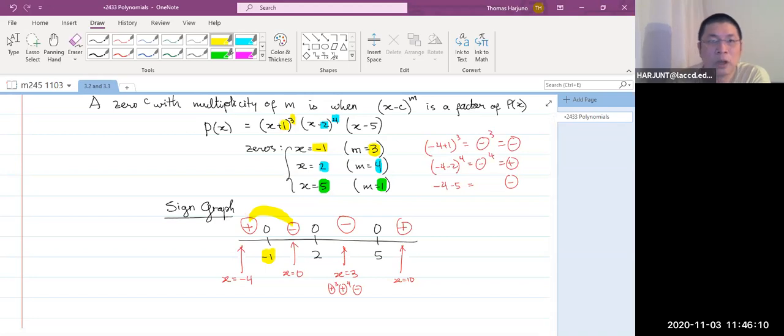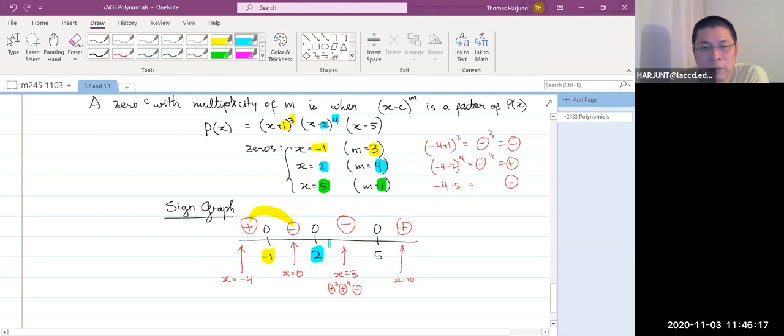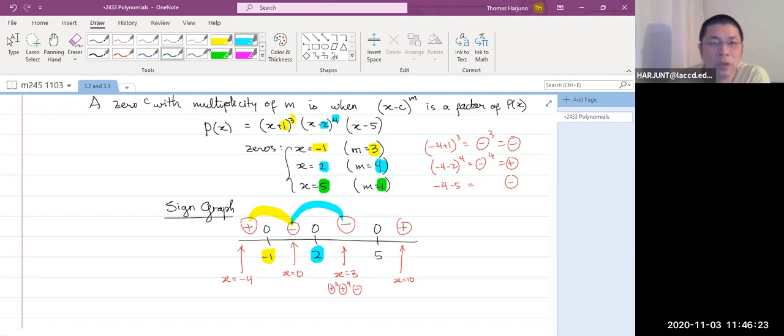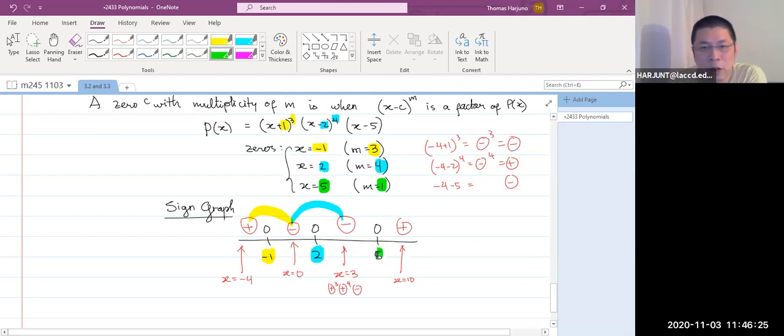Now, when the multiplicity is even, the sign to the left and to the right are the same. If the multiplicity is odd, the multiplicity is 1 here, then the sign on the left and right are not the same.